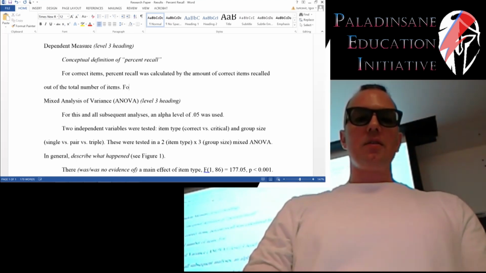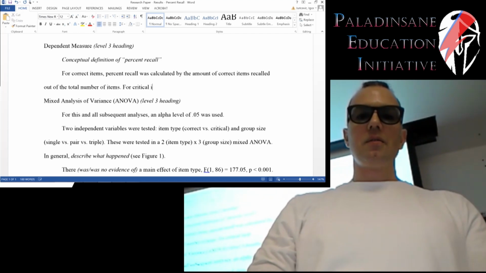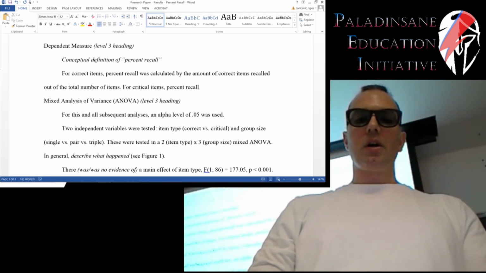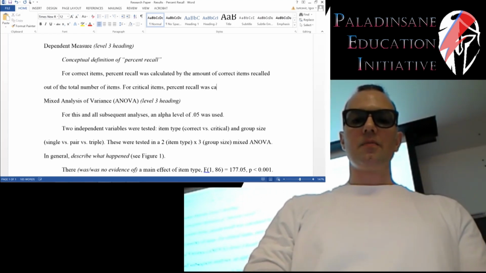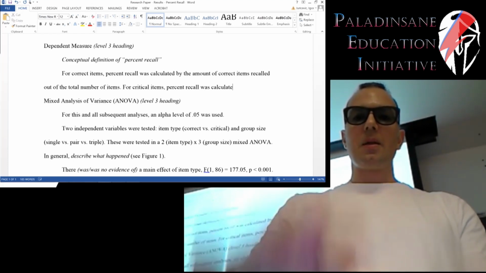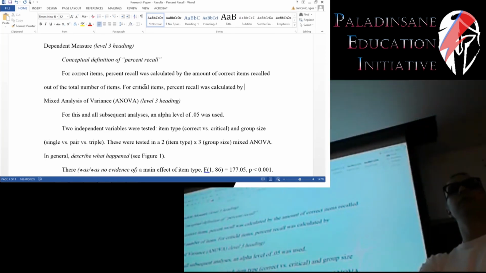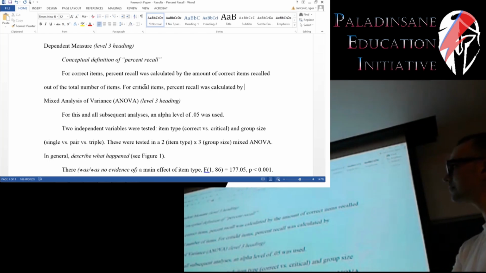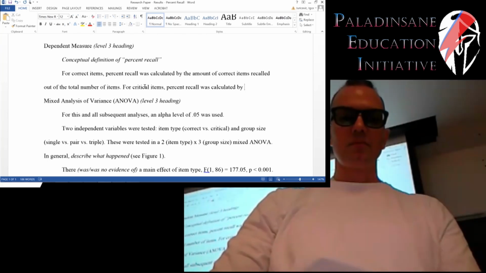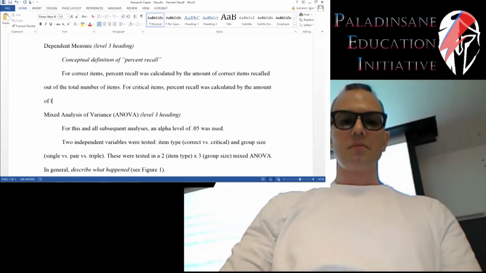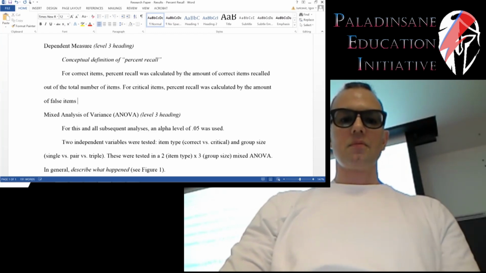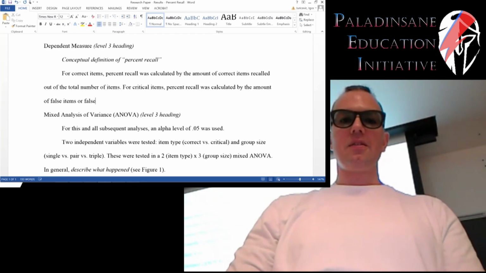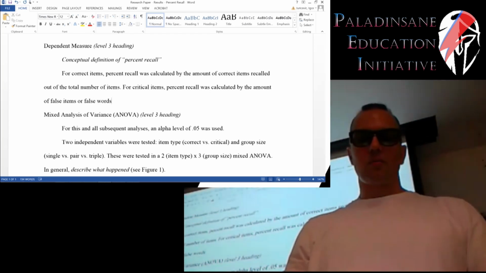Now, for critical items, let's do the same thing. Percent recall was calculated by, and what do we do for critical? Let's just get it down with the amount of false words recalled.